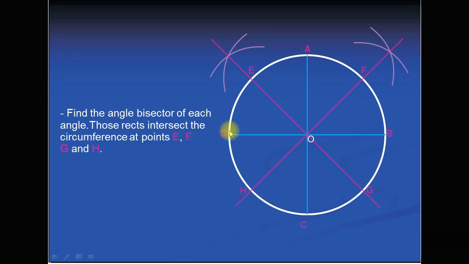Then put the compass at this point D and draw another arc. These two arcs intersect each other at this point, and then join this point to the point O. You will obtain the angle bisector of this angle. Similarly, repeat the process and draw the bisector of the other three angles. These bisectors touch the circle at points E, H, G, and F.